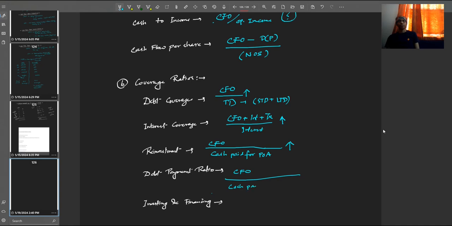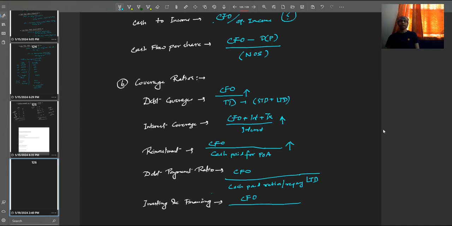Reinvestment ratio. This is basically CFO divided by cash paid to retire or repay long-term debt. Investing and financing ratio. This is the ratio between cash flow from operations and cash outflows from financing activities and investing activities.